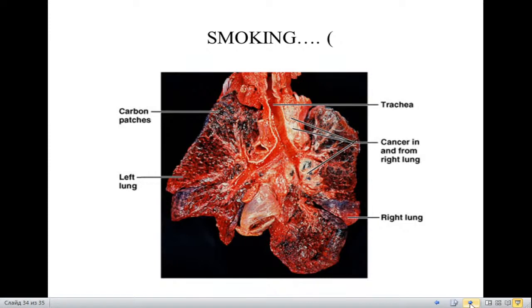So you see what the lungs of smokers look like, because nicotine and other chemical substances stop and paralyze the movement of the ciliary epithelium covering the inside surface of the trachea and main bronchi.